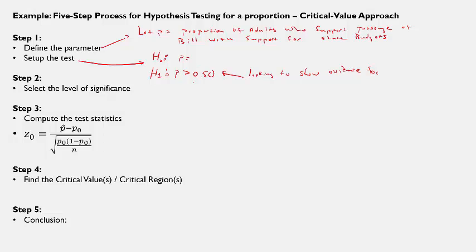If we're going to show evidence that it's greater than 50%, we'll start with the assumption that it is 50%. Because if we want to show evidence that it's greater than 50, these two numbers have to be the same value.